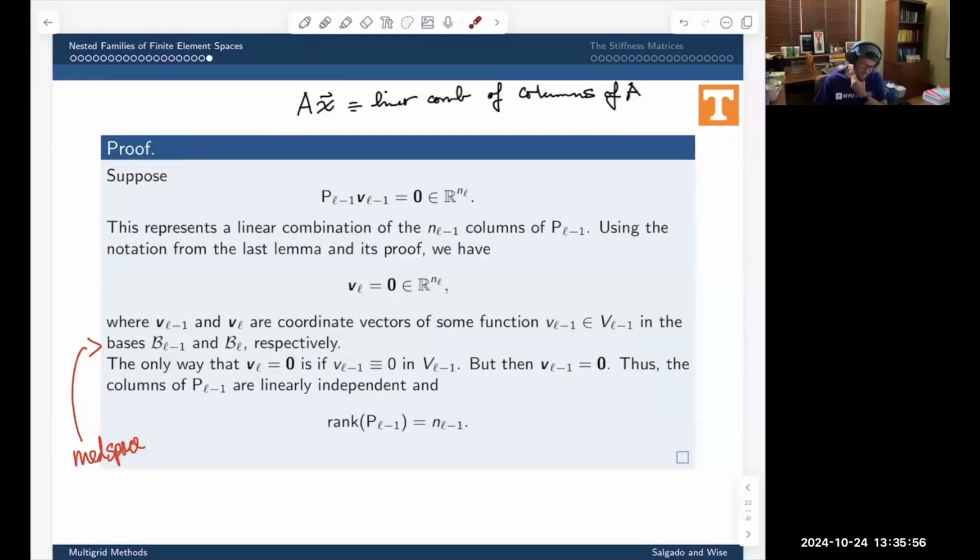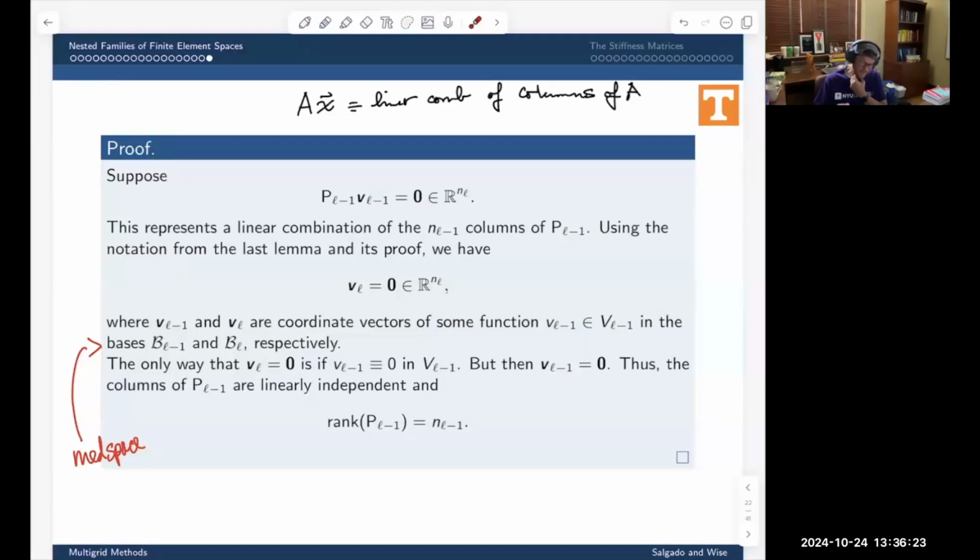Okay, so the only way that v_L is equal to 0 is if v_{L-1} is identically equal to 0 in that space. But if that's the case, then it must be that the coordinates in the original basis, B_{L-1}, must be 0 also. But this says that the only way that we can express 0 using this linear combination is the trivial linear combination.